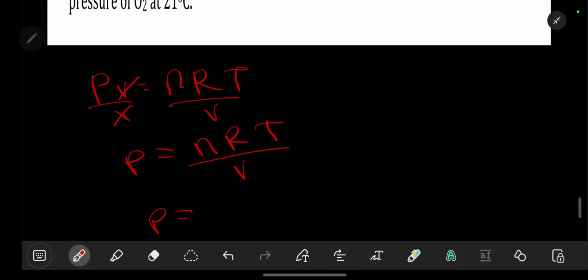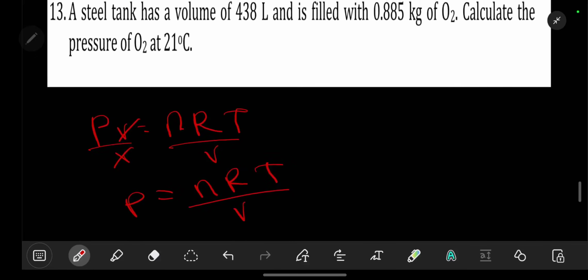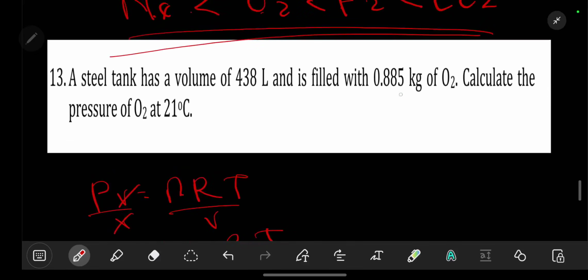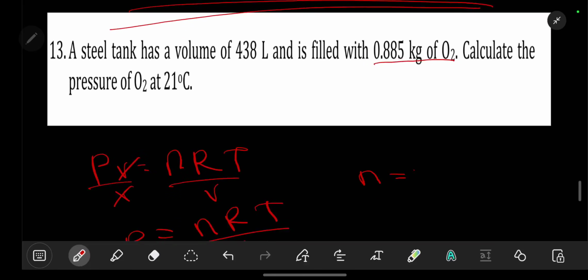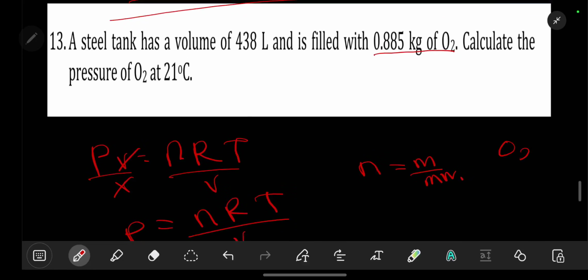We have oxygen, so we can find the number of moles. Number of moles is equal to mass over the molar mass. The molar mass of oxygen, O2, is equal to 2 times 16, which is equal to 32.